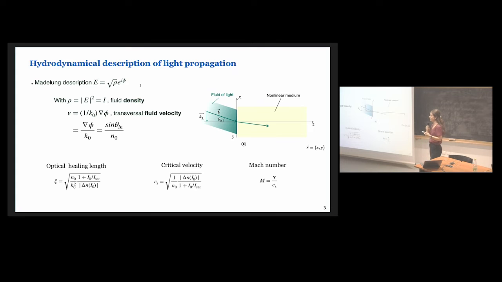So experimentally, if I want to change the equivalent of my fluid velocity, I just have to change the angle of incidence of the laser beam that's injected in my medium. We can also define the optical healing length, which is the characteristic length in our system. We can also define the critical velocity that is related to the nonlinearity of our system, and the Mach number, which is a parameter I will be using in a bit.